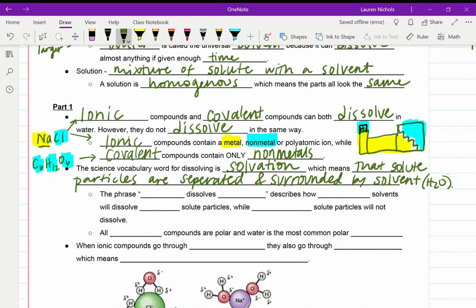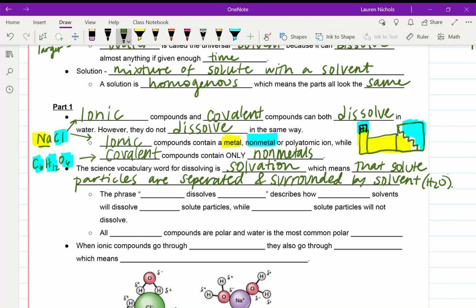And so solvation is just the process that happens, that water separates the particles and surrounds the individual particles so that they can't get back together. This is why it looks like sugar disappears when you mix it with water, because the particles get separated so much that you can't even see them with your eye anymore because they're not grouped together.